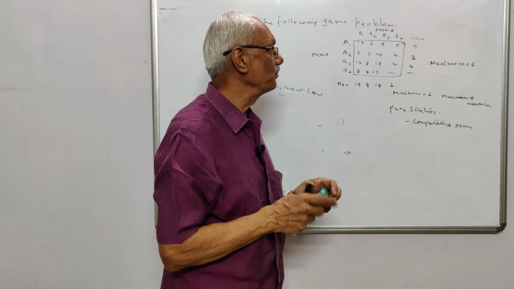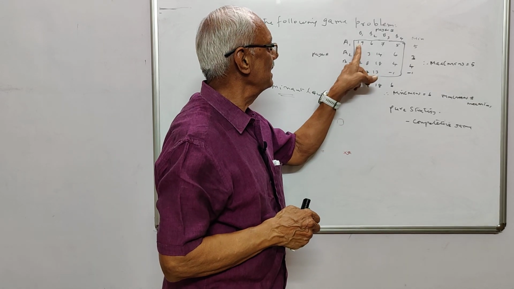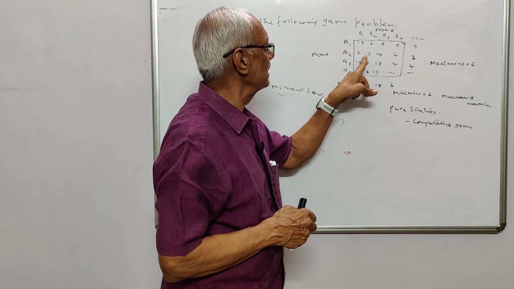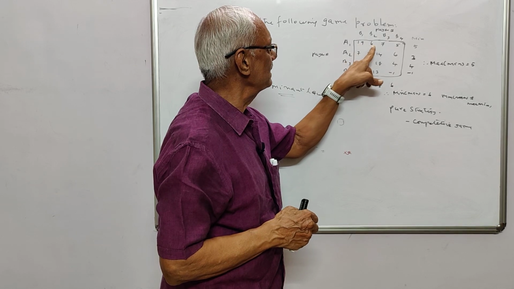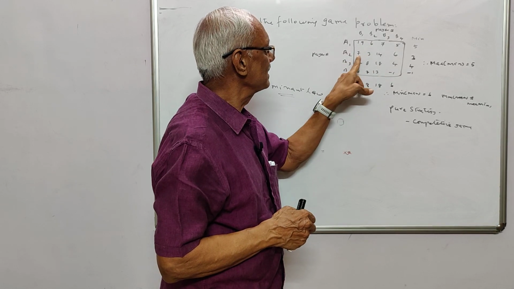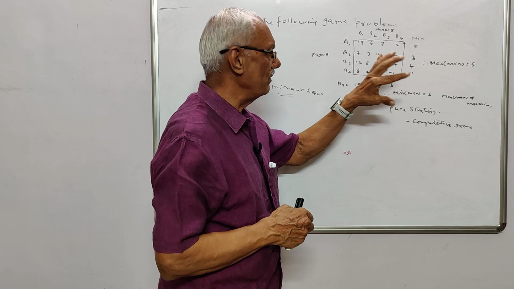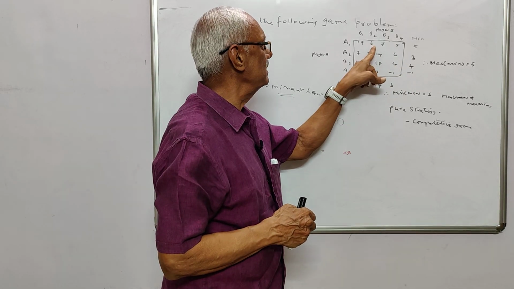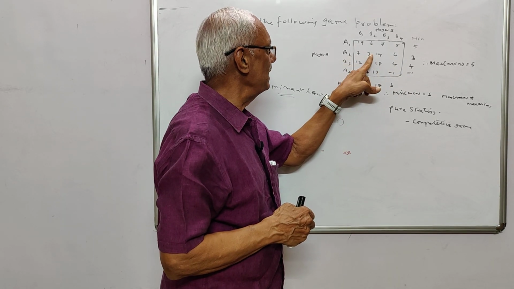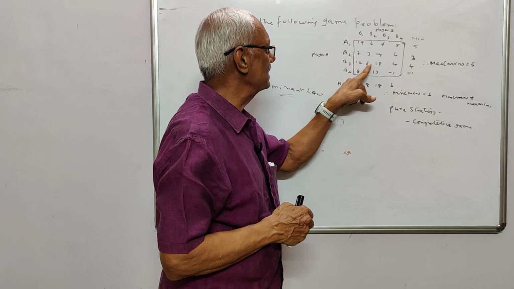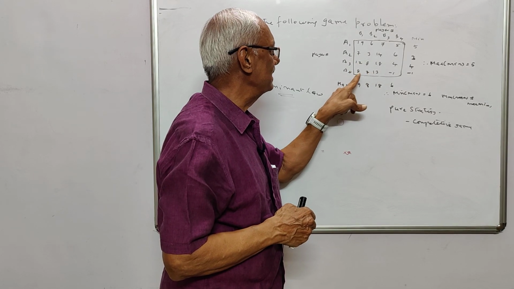Let us come to B. Now what is B here? See, 19 is greater than 6, or I will put it the other way: 6 is less than 19, 3 is less than 7, 8 is less than 12, and 7 is less than 8.